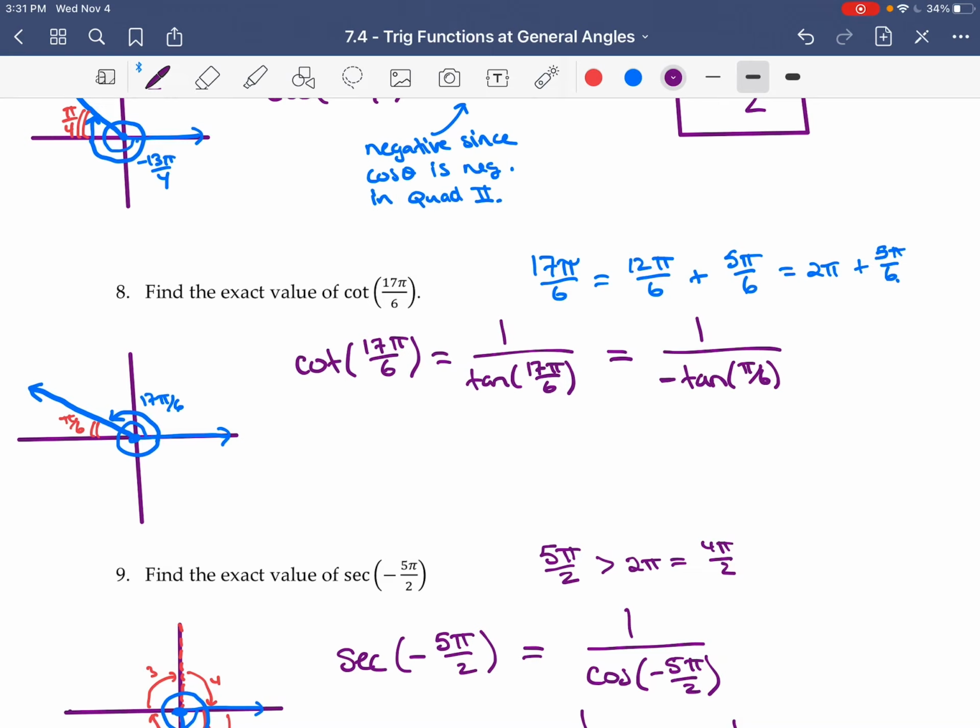Okay, tan of pi by 6, this is one I don't always remember. So I believe it's 1 over root 3. So it's 1 over negative 1 over root 3. So we get negative root 3 as our answer.